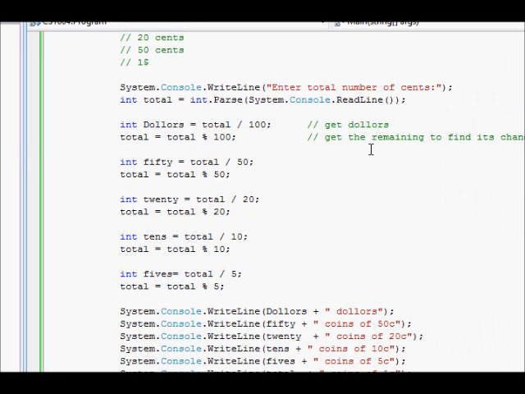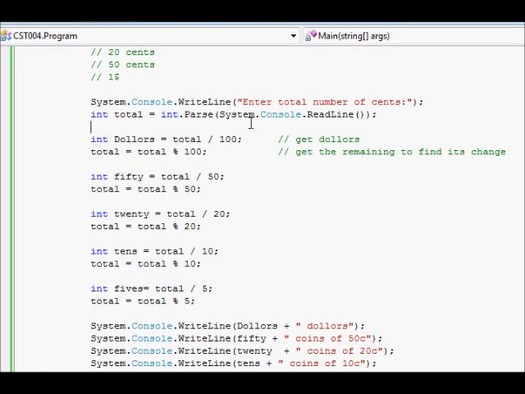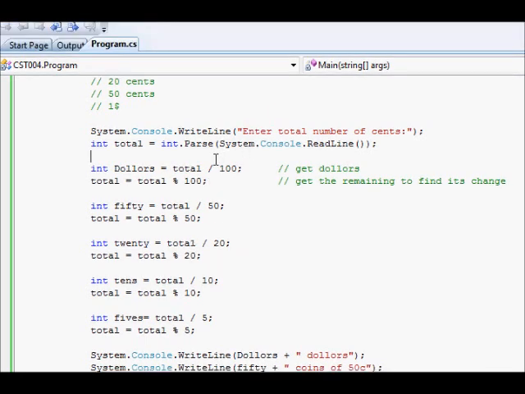So how did this algorithm work? Basically, in this part you can see the div always gets you how many complete items. Here we are saying how many 100 cents are available in our total, and this will convert into dollars.